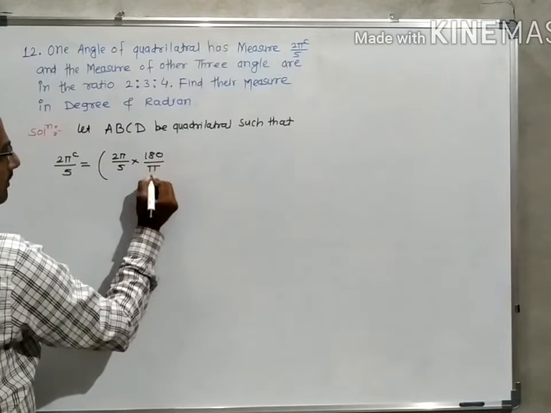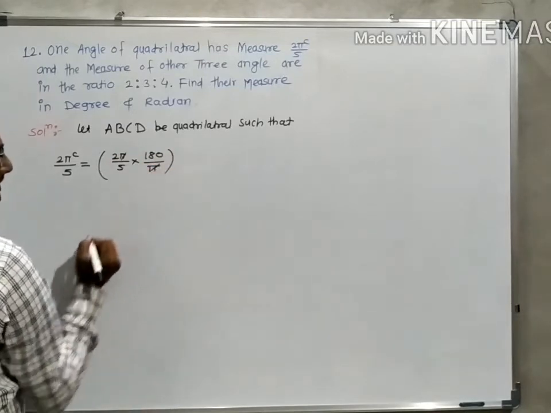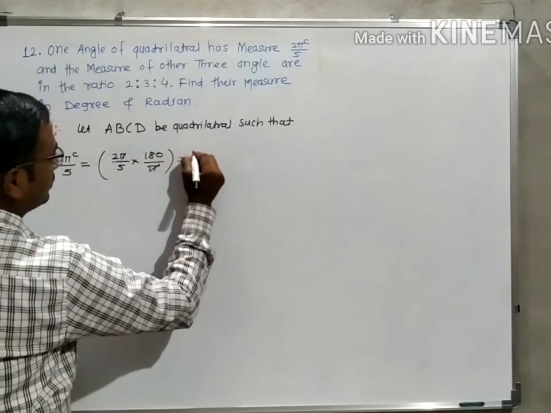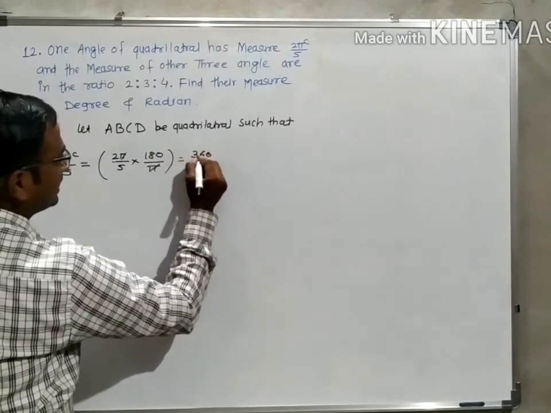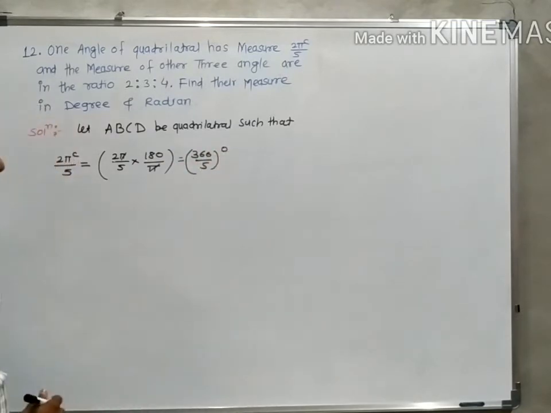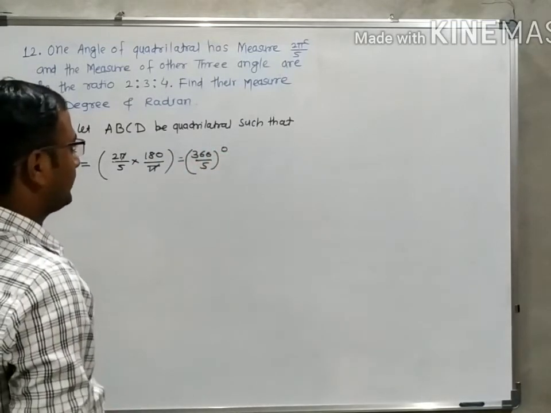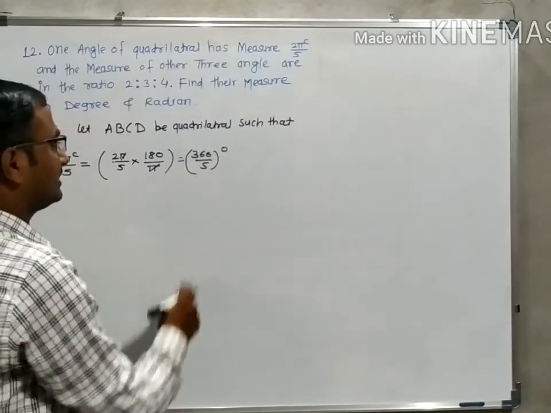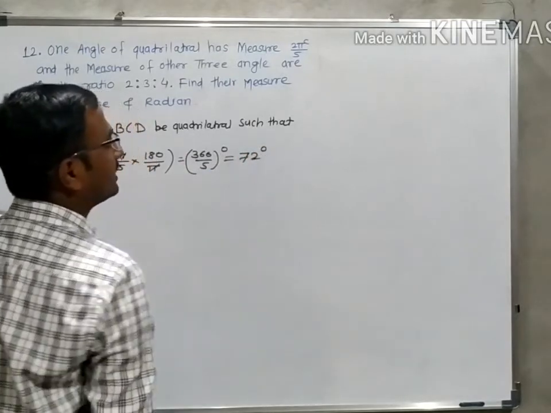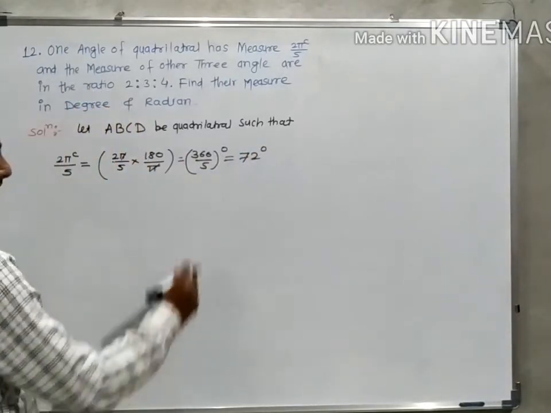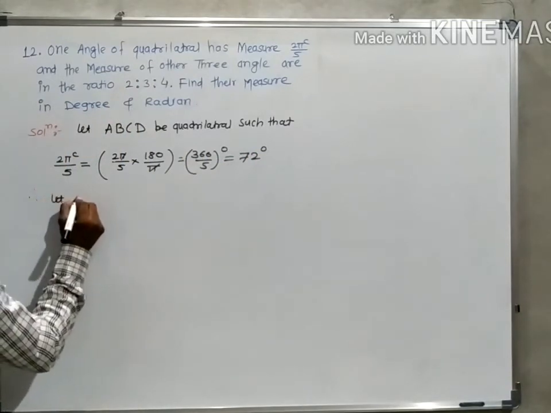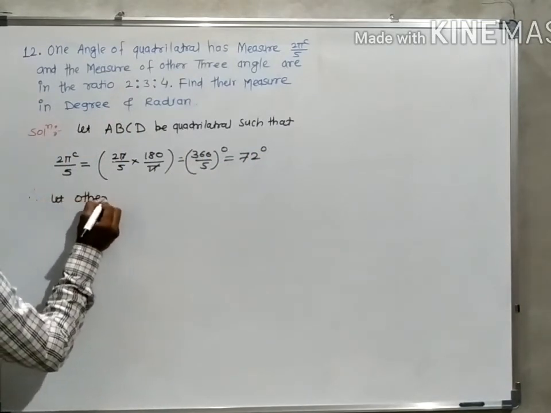The pi gets cancelled, so 2 into 180 is 360 degrees. 360 upon 5: 5 sevens are 35, so this is 72 degrees.